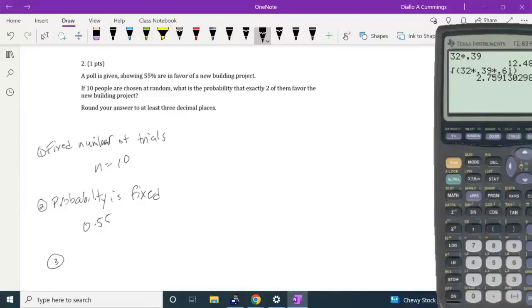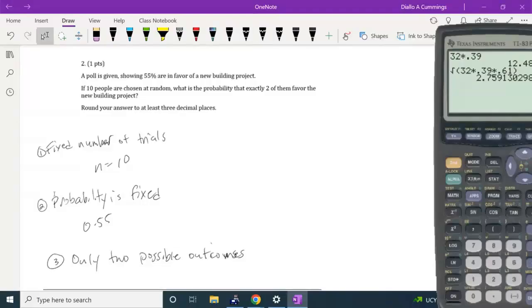And I'm listing this third, but it's like the most important thing. If you're dealing with a binomial distribution, how many outcomes are possible? Only 2 possible outcomes. So does this fit our situation? How many outcomes do we have? All right. Well, it's 2 outcomes. Either the person was in favor of the new building project or not in favor. So those are your 2 possibilities.